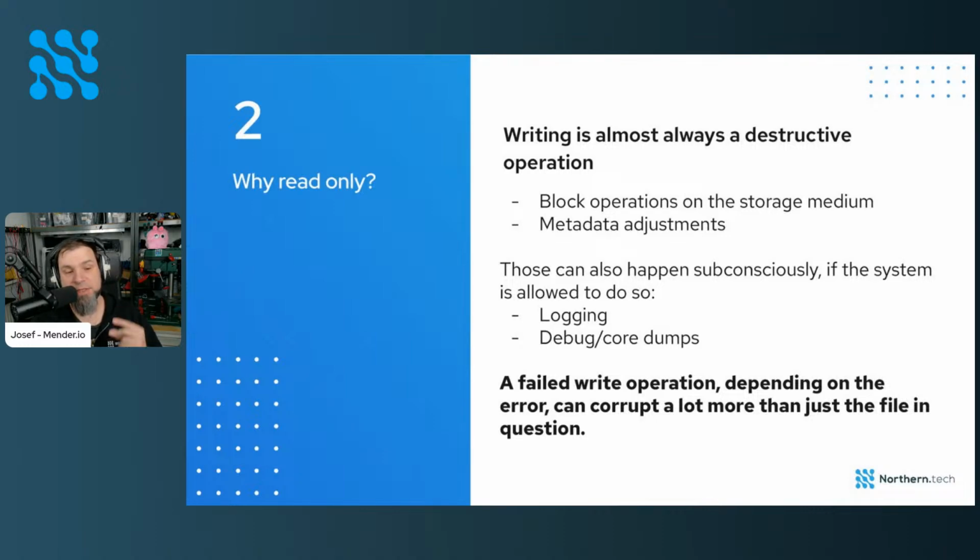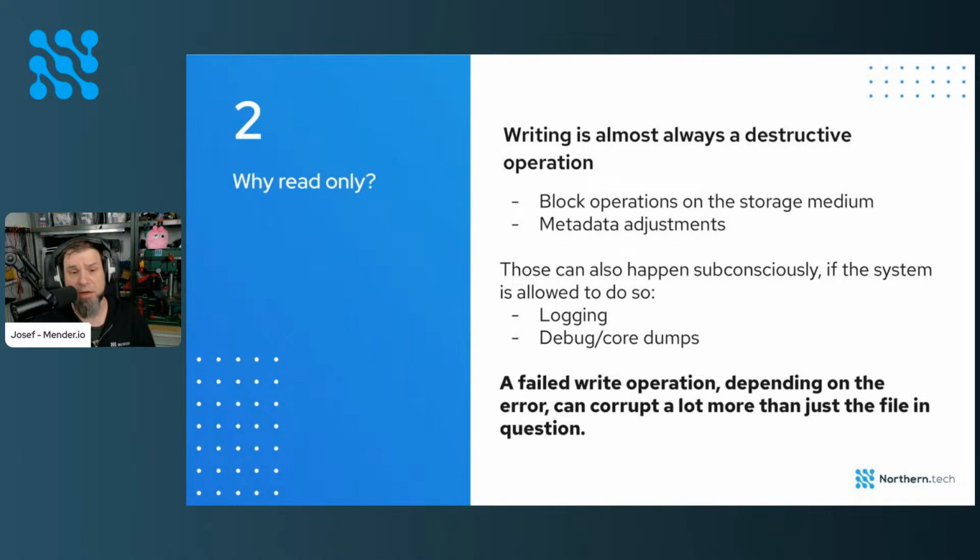The problem here is that for a connected device, you often have unstable conditions. And whatever you do, a failed write operation can, under whatever circumstances, corrupt your file system. Not just the one file that you wrote. Depending on where the error happens, it actually can have catastrophic results for the full file system.